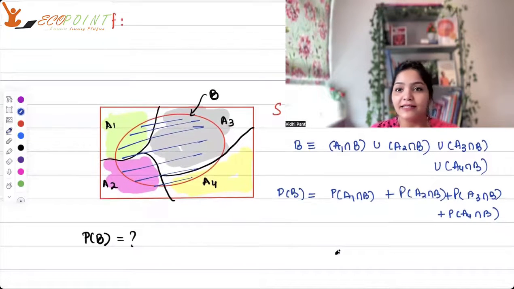Now these intersections are something that we can figure out using the multiplication rule.